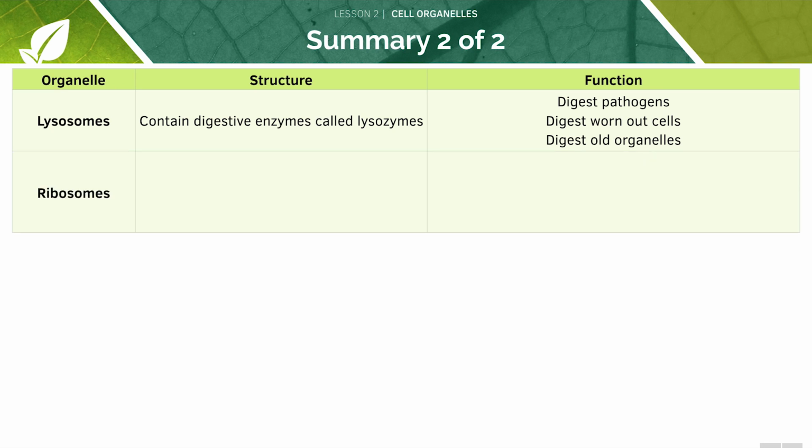Now, let's look at ribosomes. These were made of two subunits floating in the cytoplasm. There was one large and one small subunit, and these were used to make protein using mRNA.